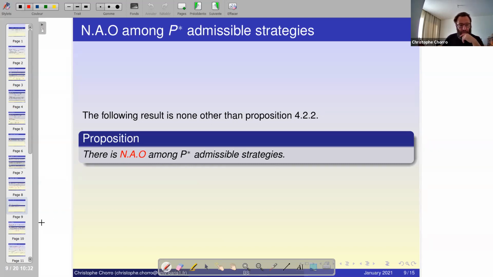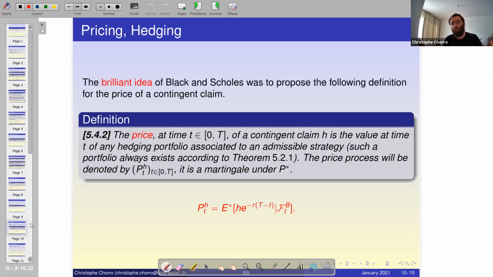And finally, we proposed to conclude the previous session the notion of price given by Black, Scholes and Merton in their seminal paper, that is the following. We call the price at time t of a contingent claim H the value at time t of any replication portfolio associated to an admissible strategy.